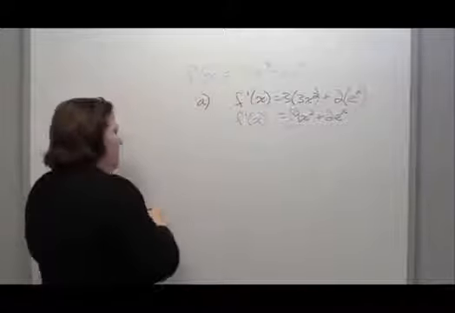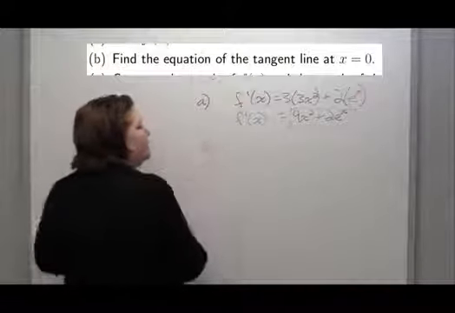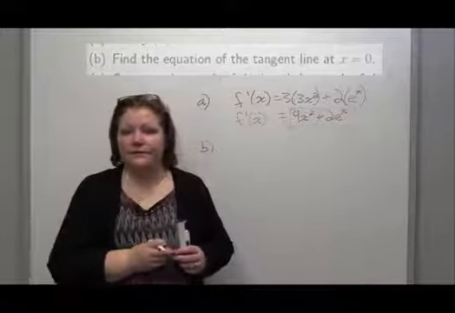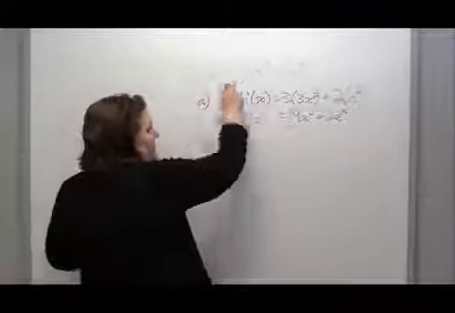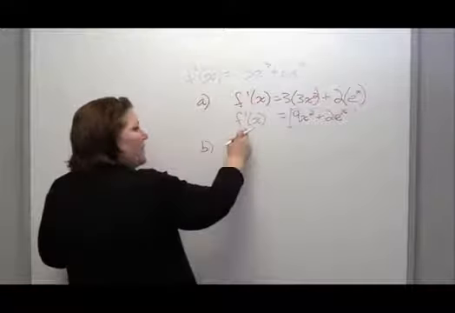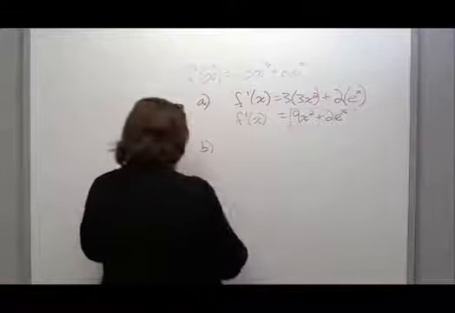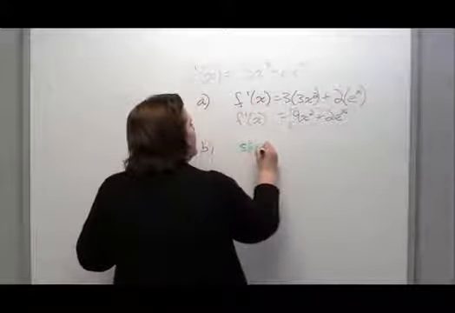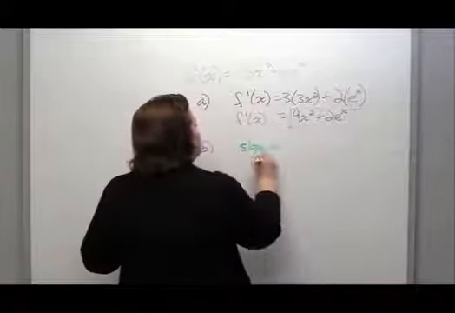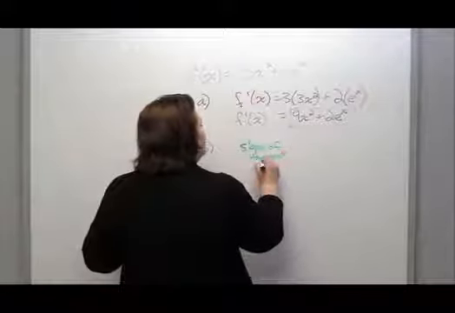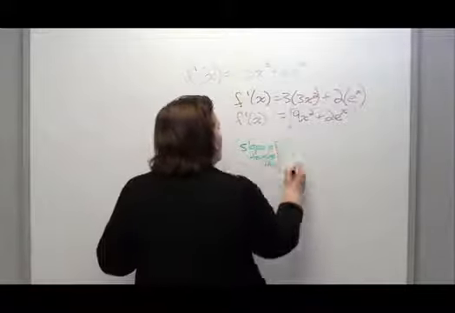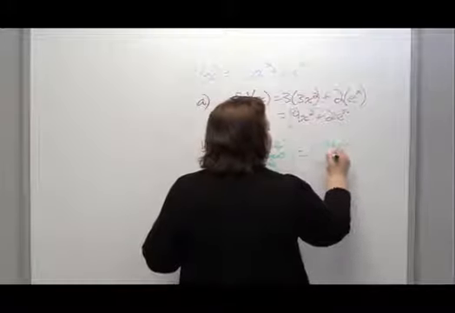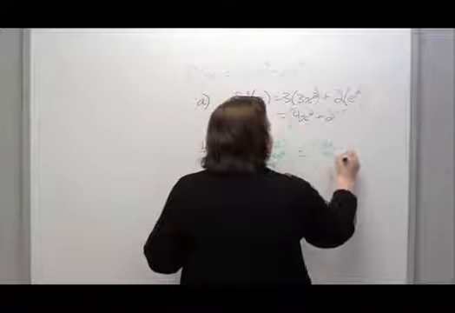In part B, we're asked to find the tangent line when x equals 0 to this graph. So what we have to remember is that the slope of the tangent line equals the derivative at that point.